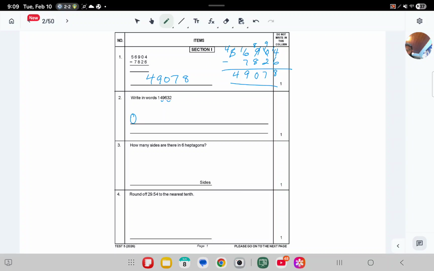So this will become 100 and 49,000 600 and 32.